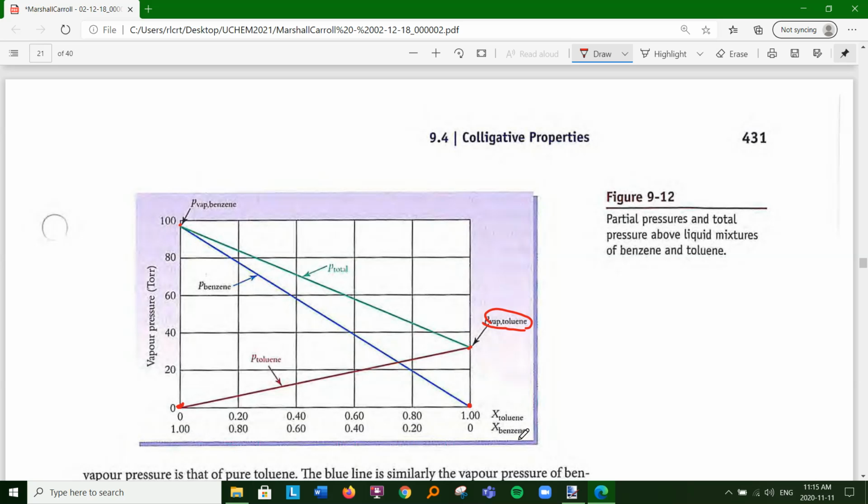So what Raoult's law says with regards to both the solutes and the solvents being volatile, right? Volatile means they have vapor pressures, is the green line. You just add the two together, right? So you take the red line, add that portion to the blue line to get the green line. So that's my total vapor pressure.